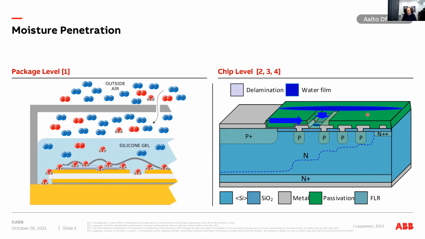I have a literature case published by me and Vesa some time ago this year about a case where we had a glass passivation, and there the problems actually were on top of the passivation rather than beneath. So let's look at that first, and then after that I have another case where we are discussing problems between these guard rings beneath the passivation.